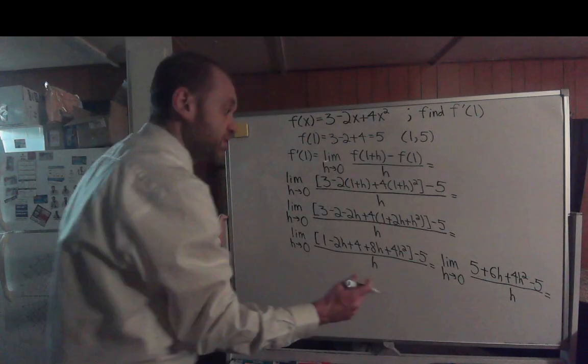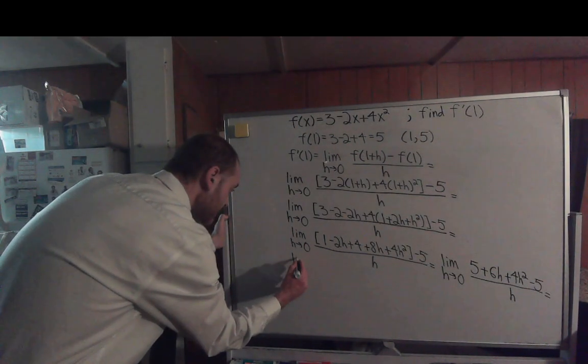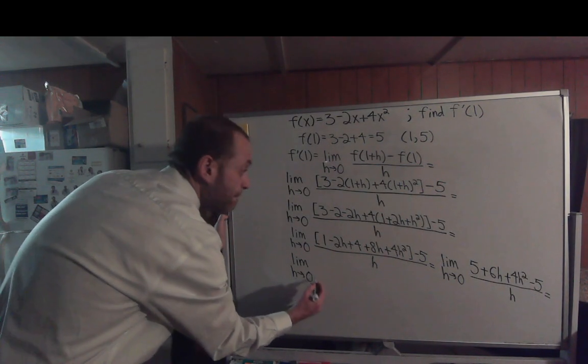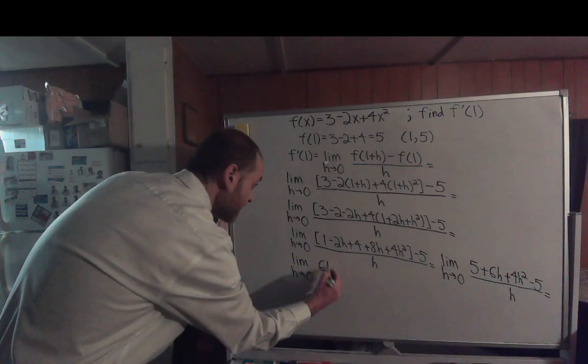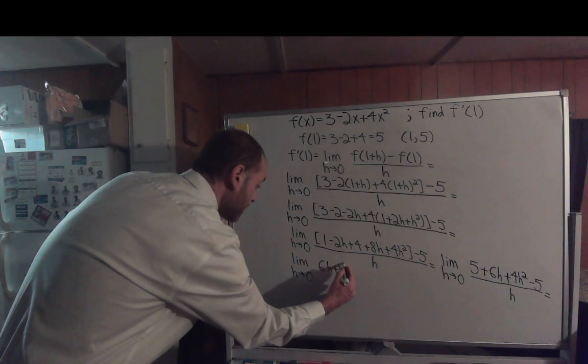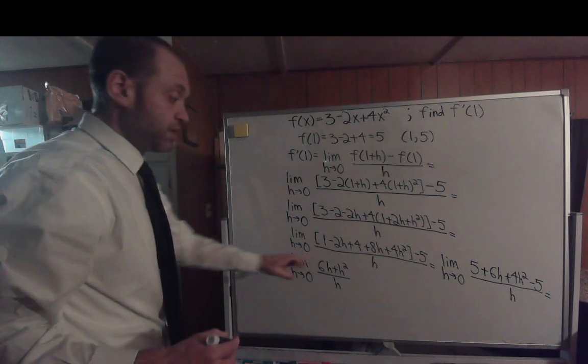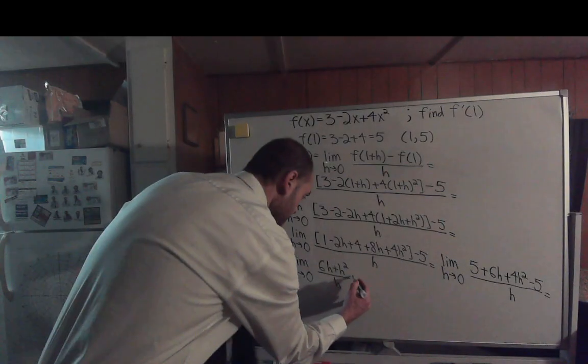Let's simplify the numerator further. 5 minus 5 is 0, so you'll get the limit as h approaches 0 of 6h plus h squared all over h. Now we notice in the numerator we can factor out a common h.